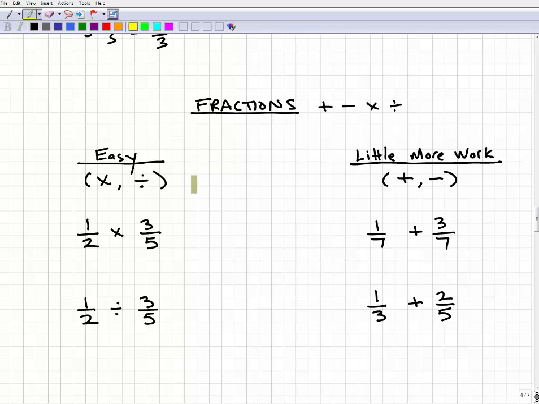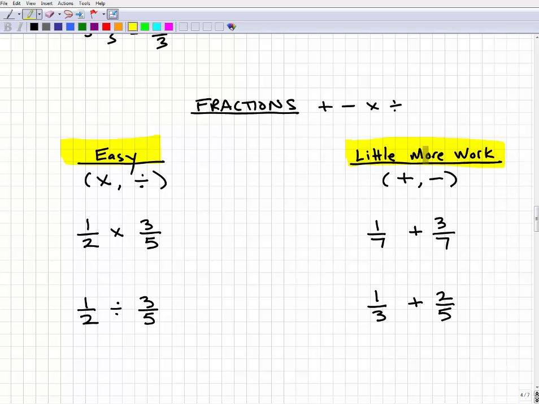So I like to think of fractions in two parts: stuff that's really super easy, and stuff that takes a little bit more work. I hate to use the word difficult or harder because it's really not that difficult. But let's just think of fractions in these two categories.